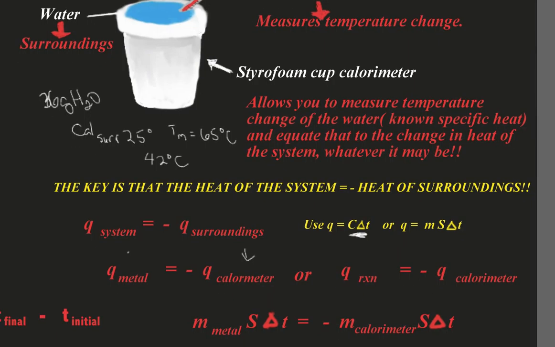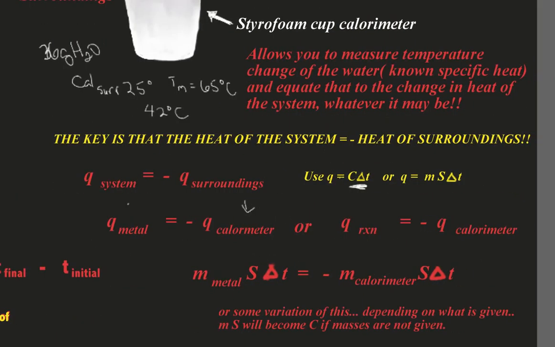Actually, the left side of this equation for that example would have to be C delta T, because I didn't give you the mass of the metal. This M is not given, so it would just be C delta T. Remember, C equals MS. And the mass of the calorimeter I gave you was 36. The specific heat was 4.18.